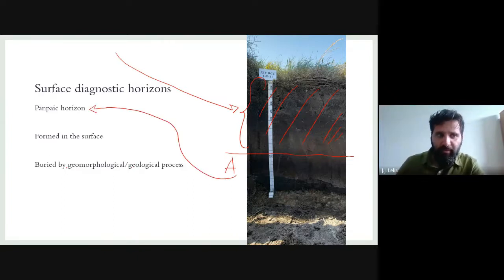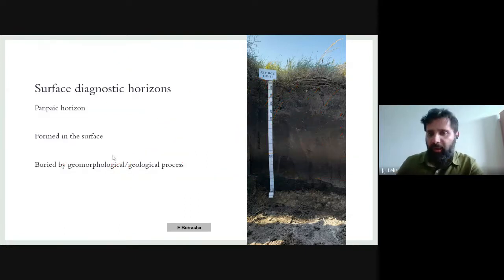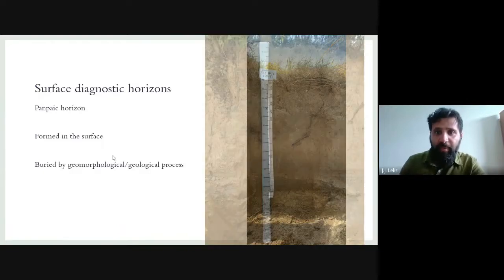It's a horizon that's formed by erosion or a geological process that induces the overlaying of an ancient A horizon. So it's a typical A horizon that was formed in the past, but now is buried.